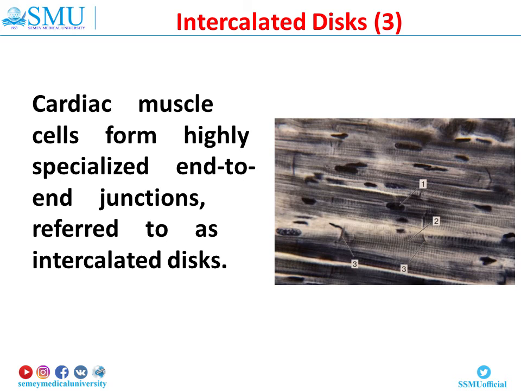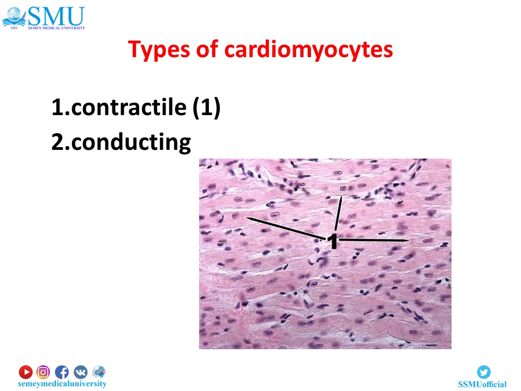Cardiac muscle cells form highly specialized end-to-end junctions referred to as intercalated discs. Types of cardiomyocytes. There are 2 types of cardiomyocytes, contractile and conducting. In this slide you see contractile cardiomyocytes enumerated by 1.